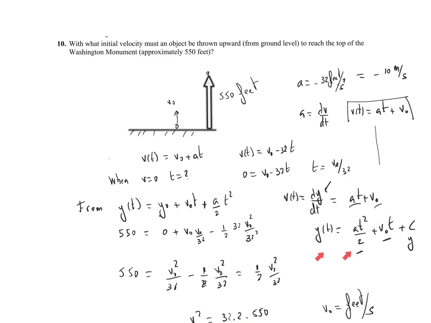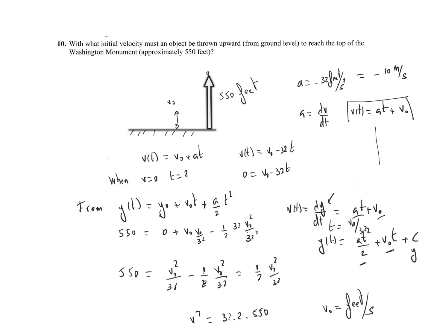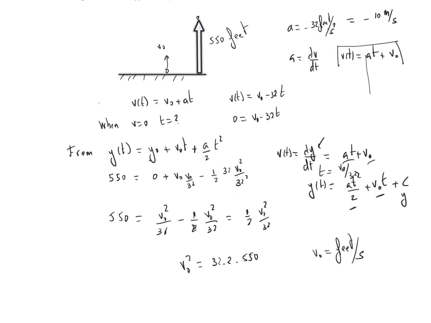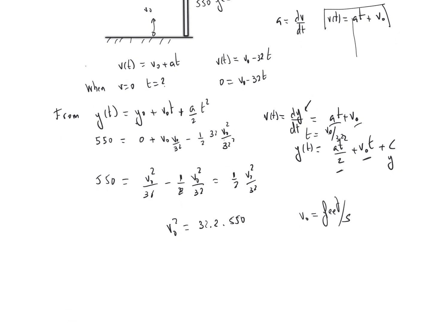Plugging in numbers and solving, you will obtain that v0 should be equal to the square root of 32 multiplied by 2 by 550, which is, I don't know, 186 feet per second.